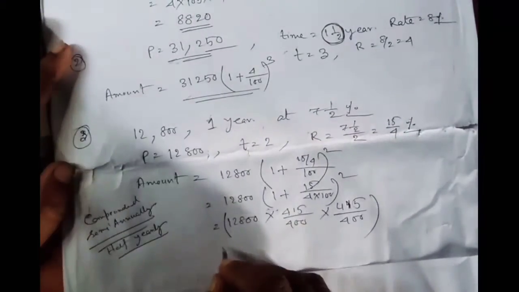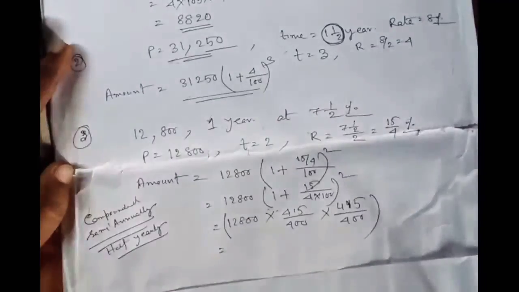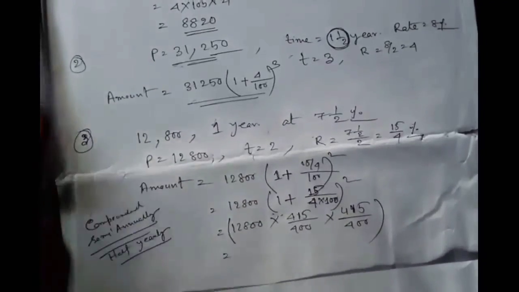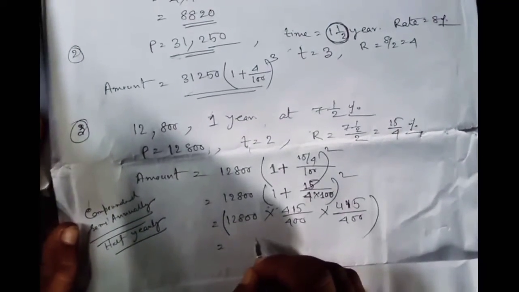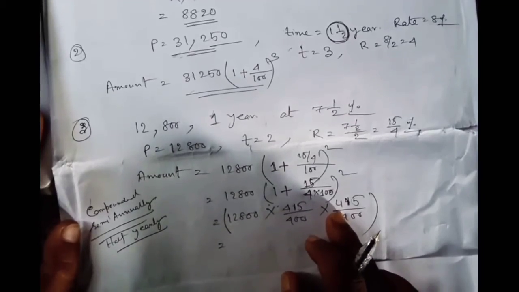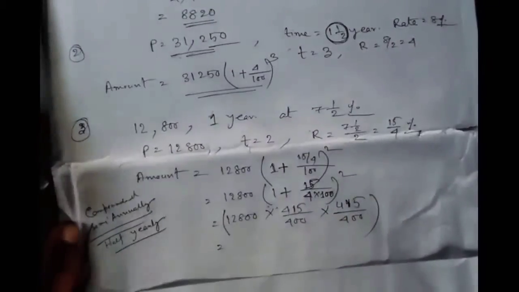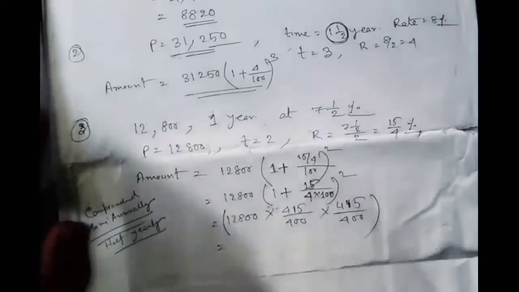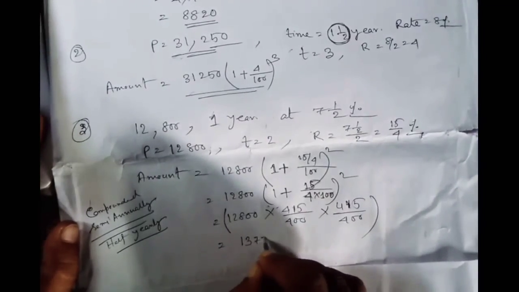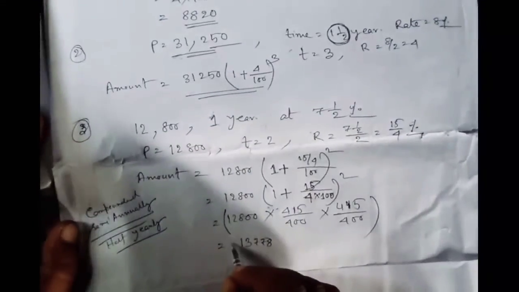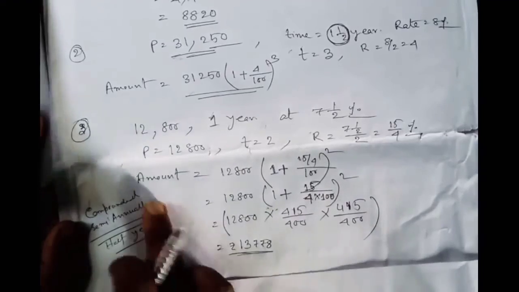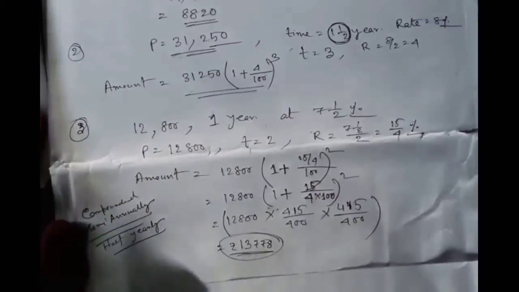Okay. So, now do the calculation. So, if we do the calculation, this should be 13,778. Okay, this would be the amount.